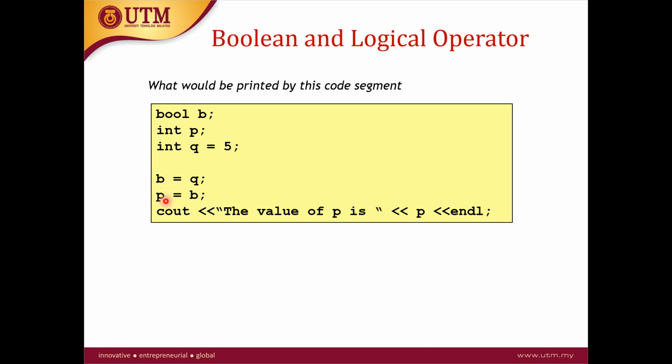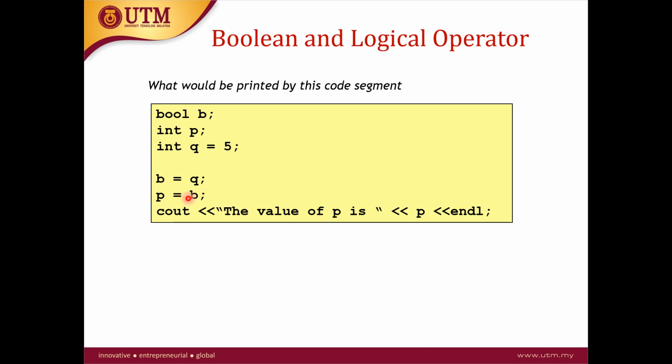And we say integer p. We've already said p is integer. p equals true. b didn't take the 5; we say b equals 5, but it's going to be true. And we say p equals b. b was true, so p is going to be true, or 1. It's not going to be 5.